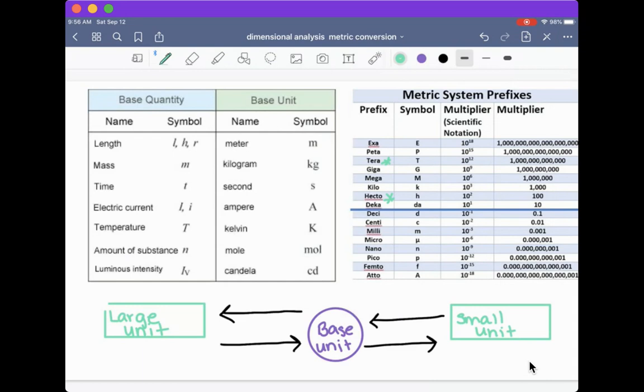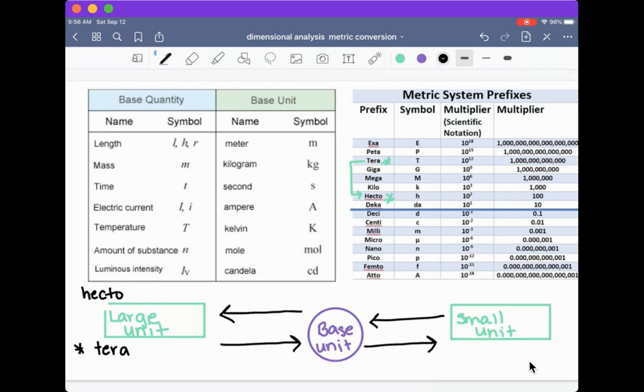I'm going to start out in the tera and I want to go to the hecto, and there's only one R in tera. I'm starting here, and we're going to end at the hecto.